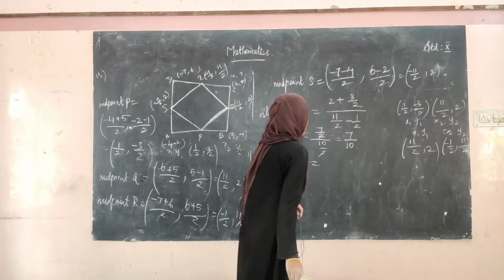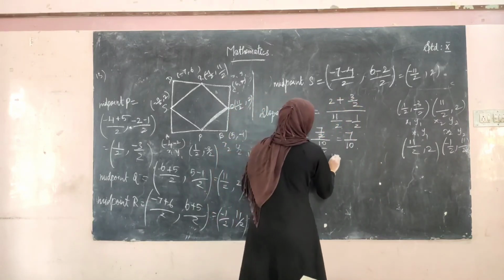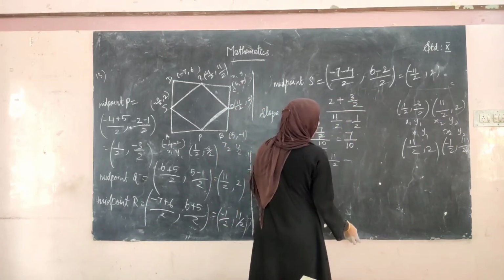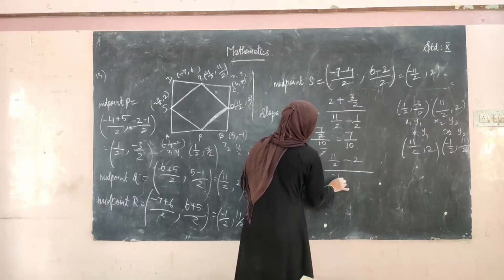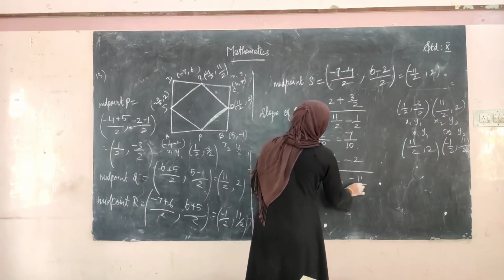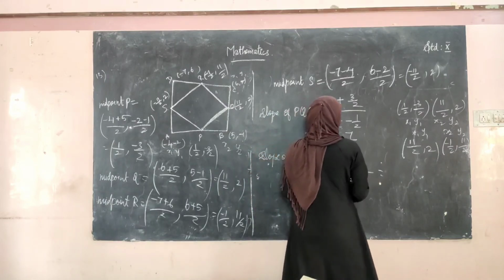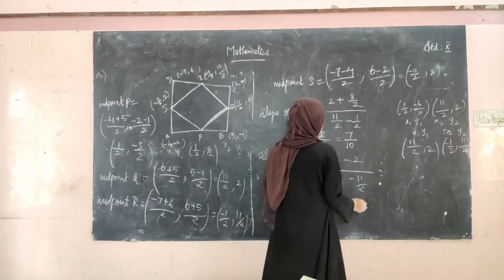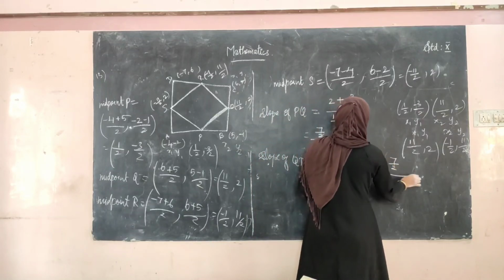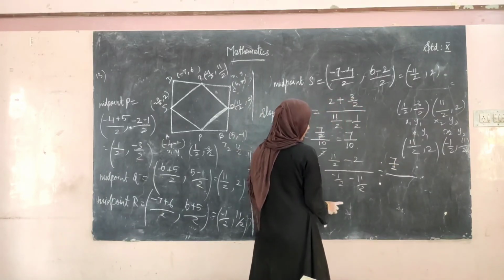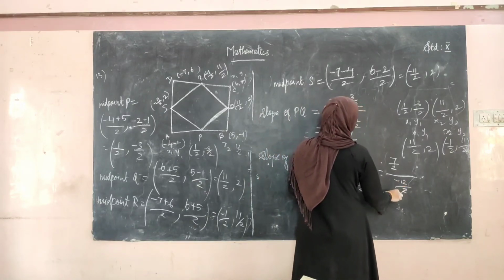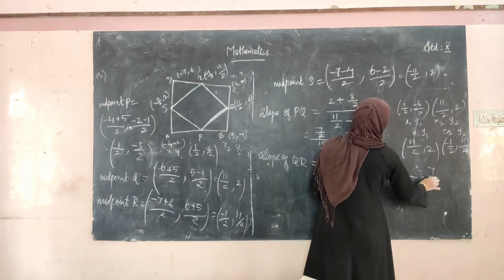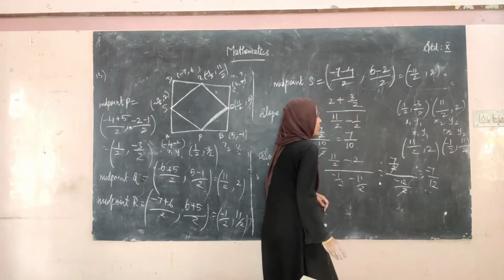Okay, so what's the formula? y2 minus y1: y2 is 11 by 2 minus y1 is 2, divided by x2 minus x1. x2 is minus 1 by 2 minus 11 by 2, which is equal to 11 minus 4, right? 7 divided by 2. So this becomes minus 12 divided by 2. So 2 gets cancelled. 7 divided by 12, minus 7 divided by 12.